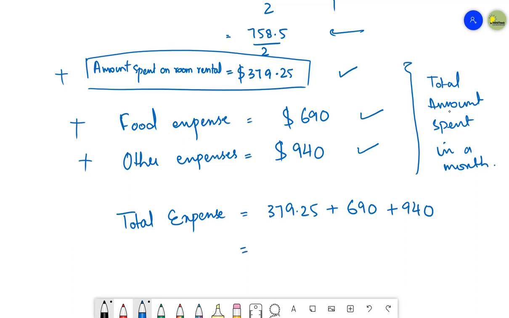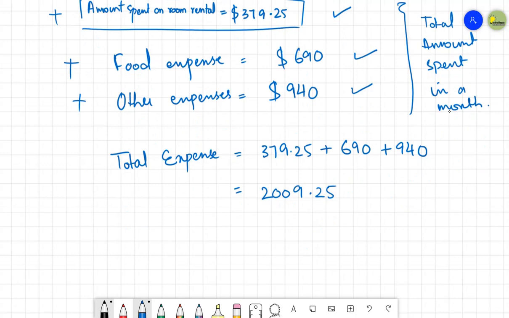So this is 2009.25. You have to calculate it manually by adding these numbers together. The answer is 2009.25. This is the total expense.